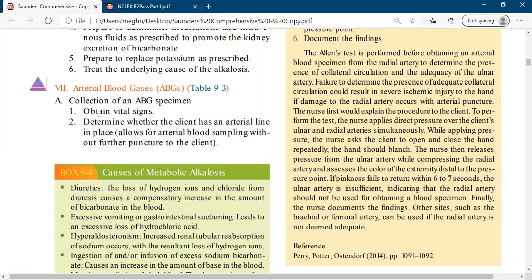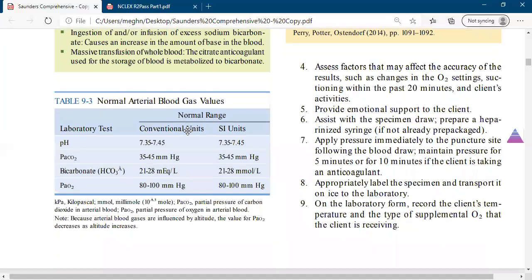So they said obtain the vital signs and determine whether the client has an arterial line in place, just to collect blood to check the blood gas. Here in the picture of the blood gas analysis, what can we check? We have to check the pH. pH means hydrogen ion concentration. We have to check the partial pressure of carbon dioxide.